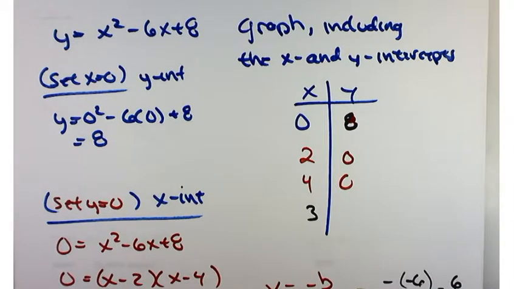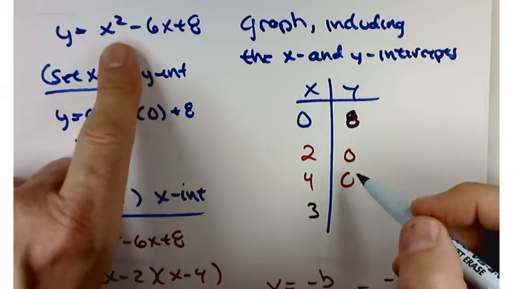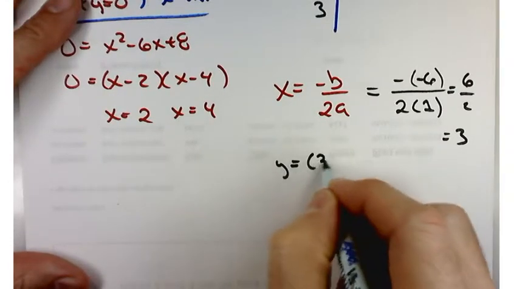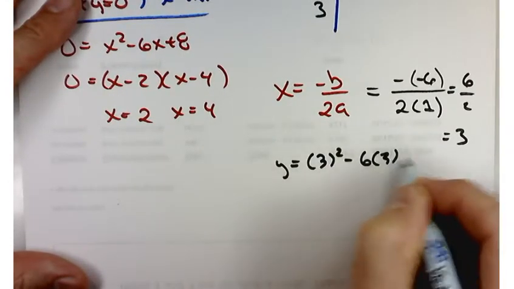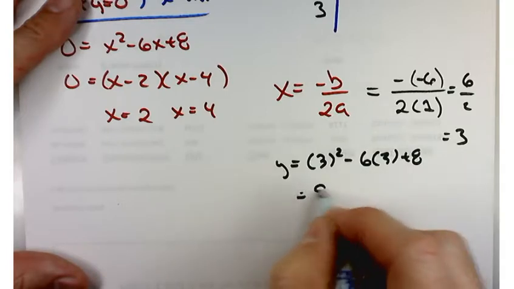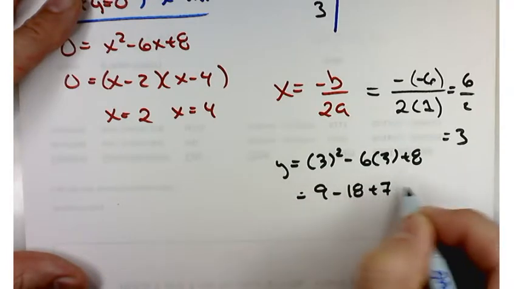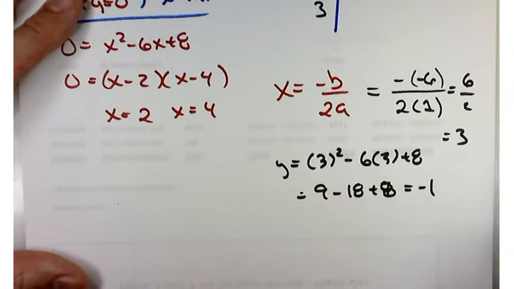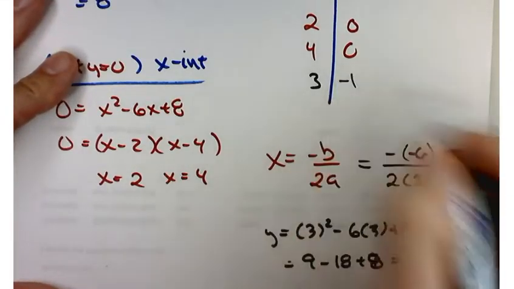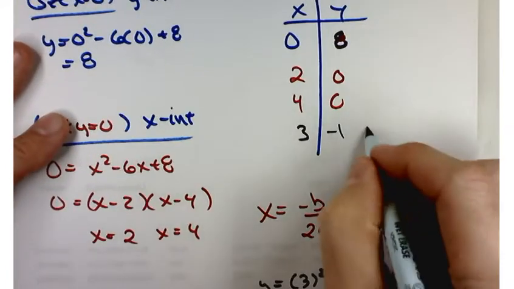So if x is 3, how am I going to find the y-coordinate? Put in the x. Thank you. All right, good. So let's put the value of x into this equation and see what we get. So y equals 3 squared minus 6 times 3 plus 8. So 9 minus 18 plus 8 gives me negative 1. So 3 for x goes with negative 1. That's my vertex.